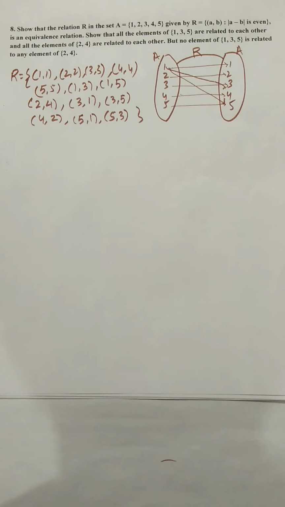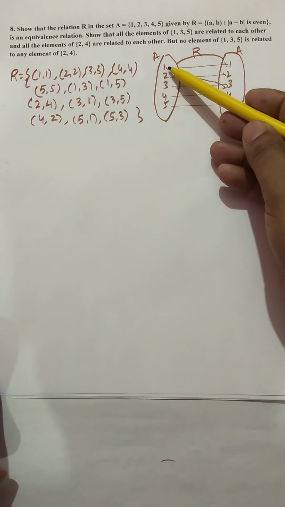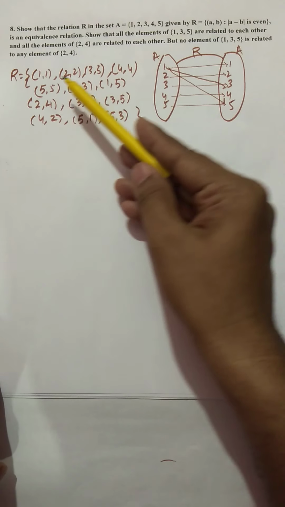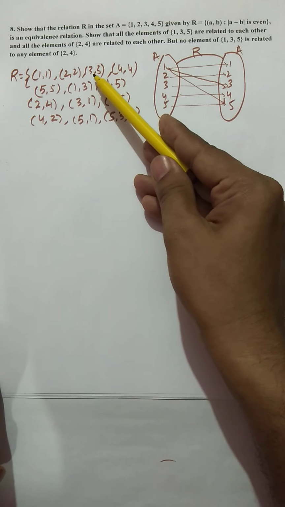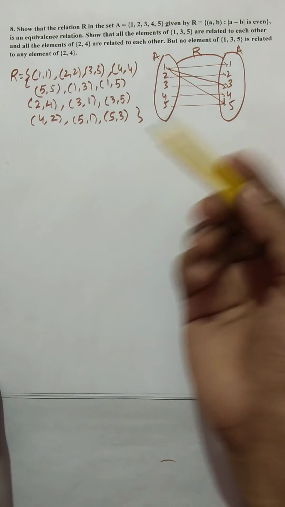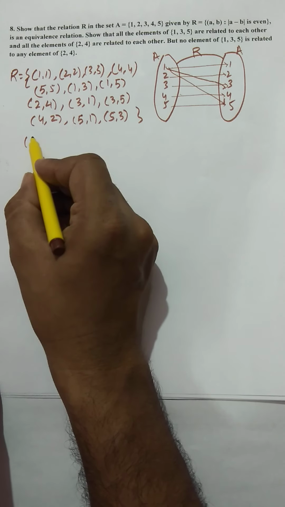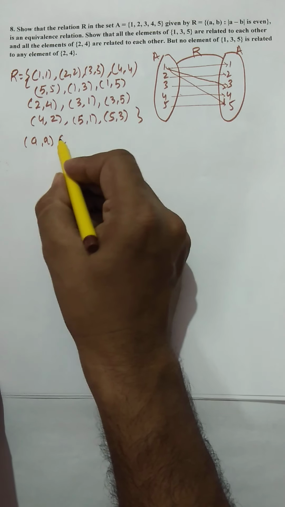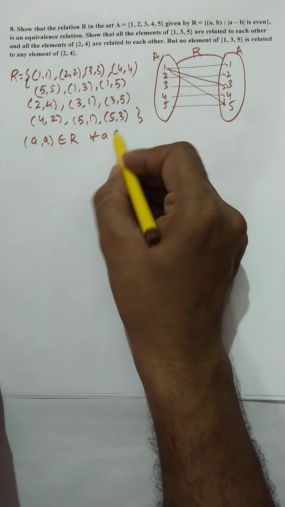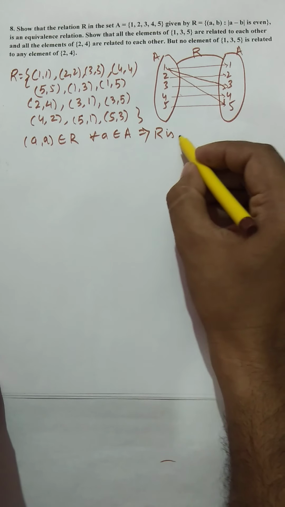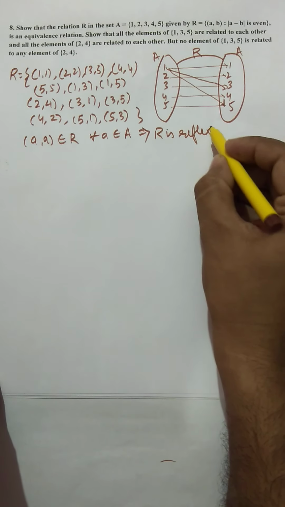Now we have to see whether this relation is an equivalence relation or not. So you see 1 2 3 4 5, these are the elements of A, and 1 comma 1, 2 comma 2, 3 comma 3, 4 comma 4, 5 comma 5 all belong to this relation. So I can say that a comma a belongs to R for all a belongs to A. It implies that R is reflexive.